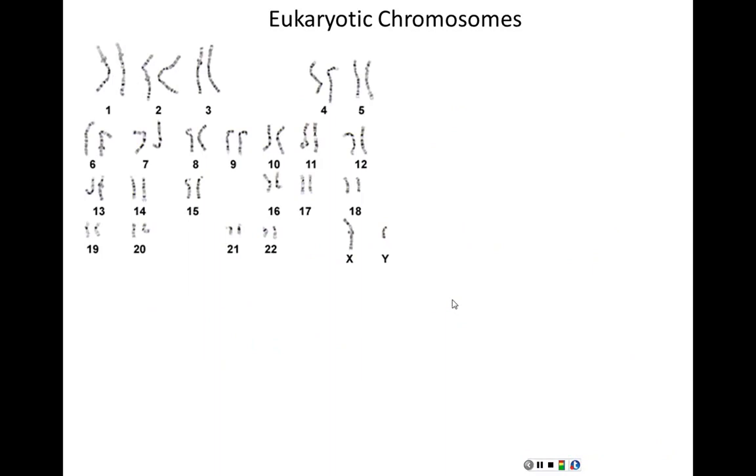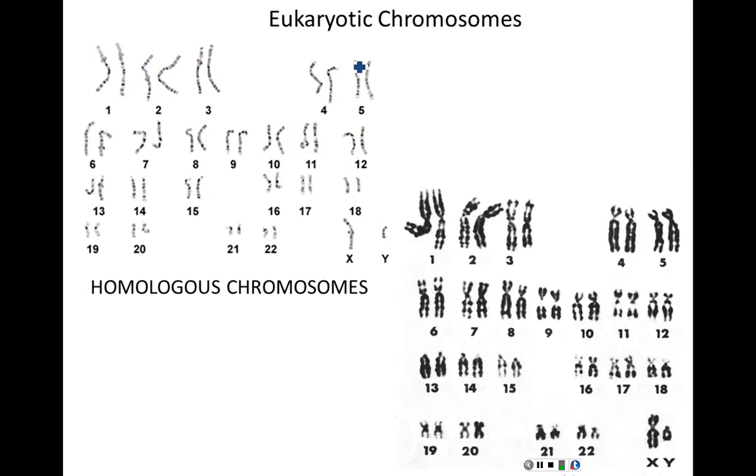So what are we looking at right here? What we're looking at right here are 46 chromosomes. Okay? Unreplicated. 23 pairs of chromosomes. One from mom, the other from dad. One from mom, the other from dad. These are homologous chromosomes. After replication, we are looking at 46 chromosomes.